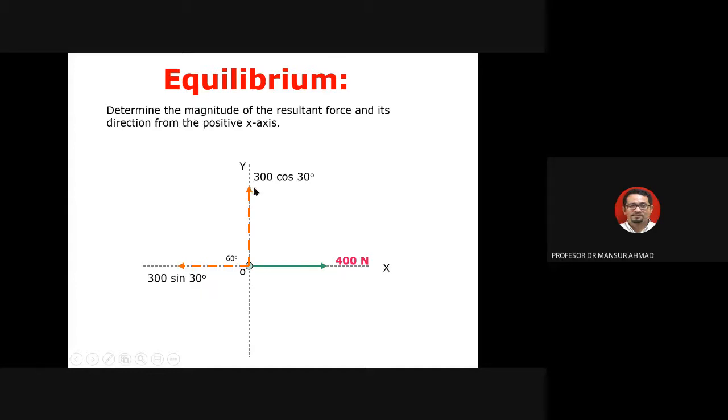This is how you resolve the 300 Newton applied at 60 degree from the x-axis to axis y and axis x. Do you have any question on the resolution of this 300 Newton before I proceed?